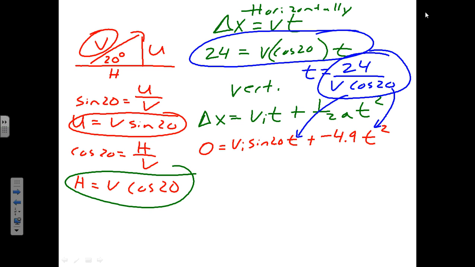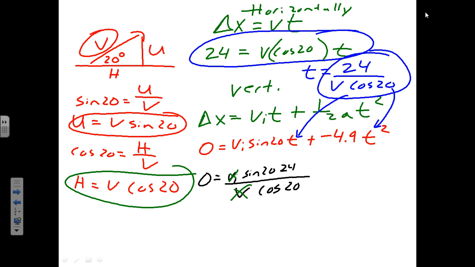So what I have is 0 equals VI sine 20. And now I've got to substitute T. So times 24. And since I'm multiplying, everything's going to be over V cosine 20. Now notice these V's are both the initial velocities. They're both going to cancel out. We don't have to worry about those V's.